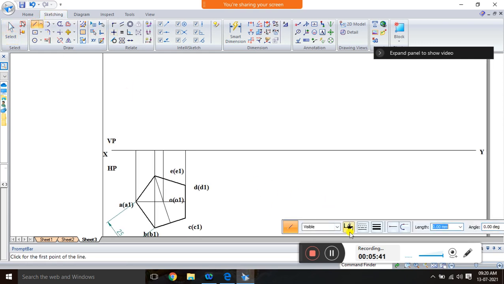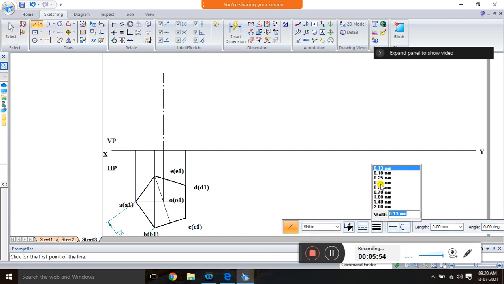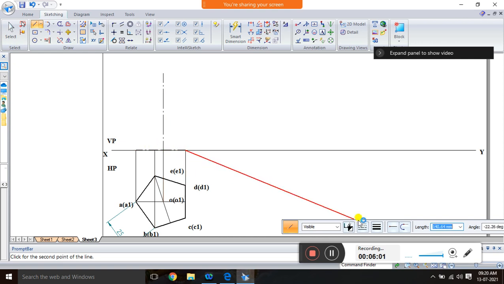So use the line, and this is the axis, and this axis height is 60, and place it. Okay, fine. Next, you have to construct the prism. So use the same line, and first this point up to here, okay, so height is 60. Like this, you have to join.